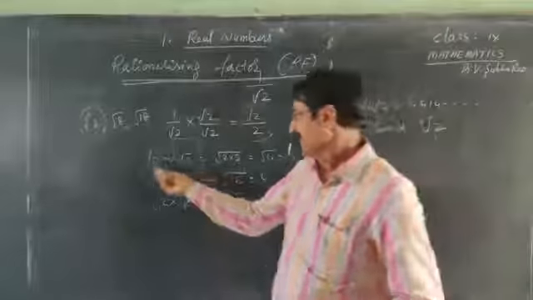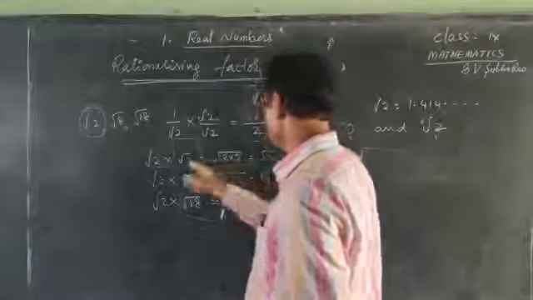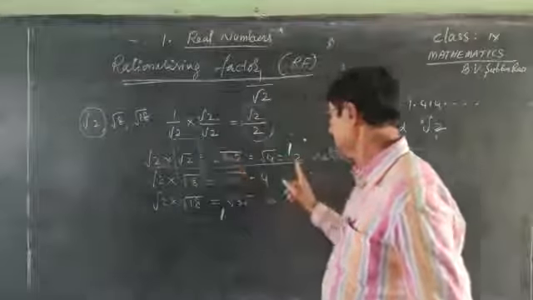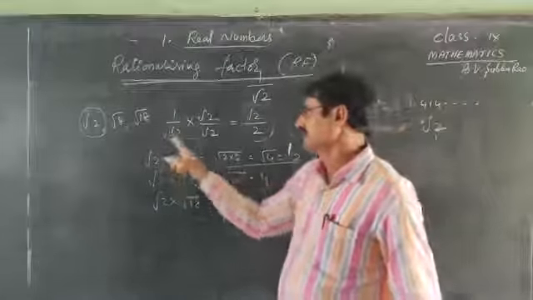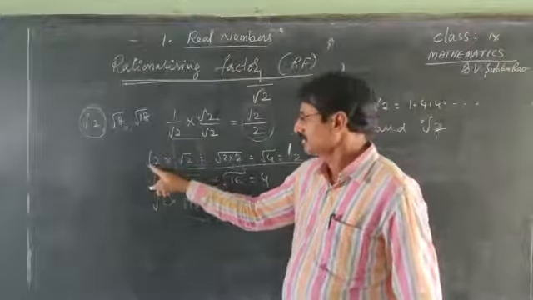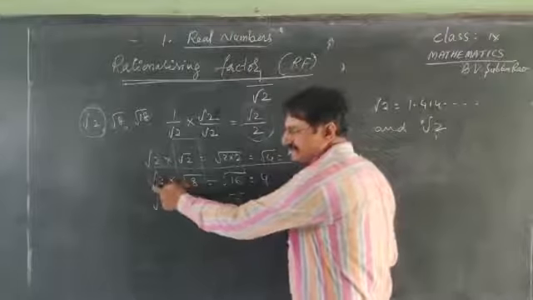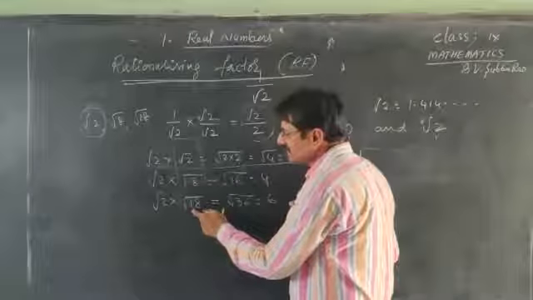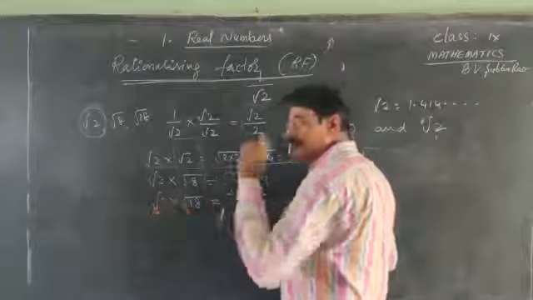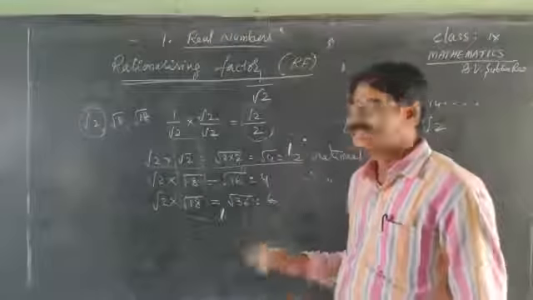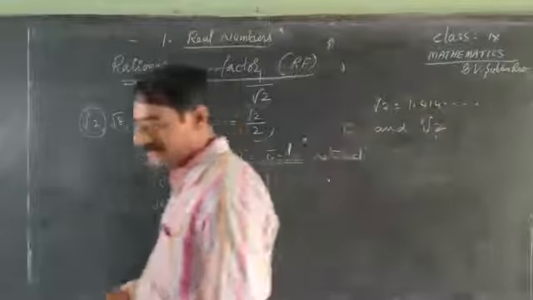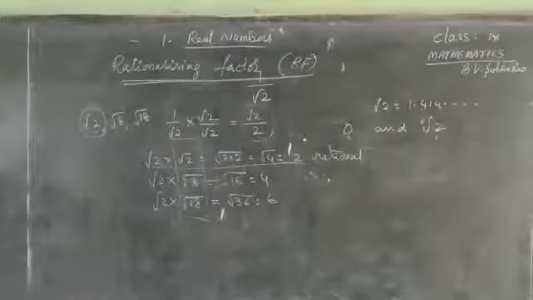In this example, root 2 into root 2 equal 2, then root 2 is a rationalizing factor of this root 2. Here also, what is the rationalizing factor of root 8? Root 2. The rationalizing factor of root 18 is root 2. Do you understand this one? Okay. Now we are going to another topic.